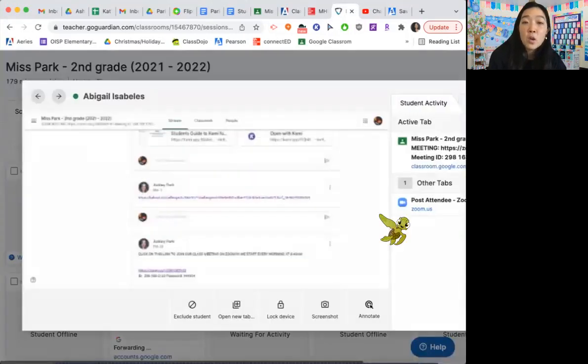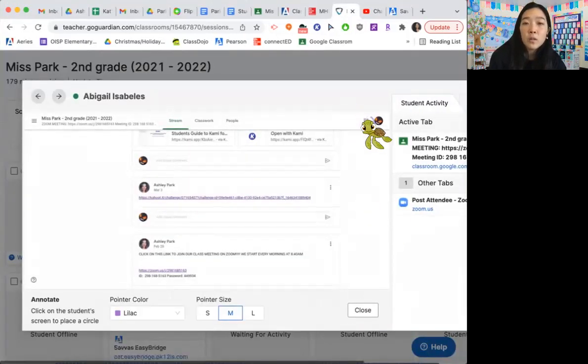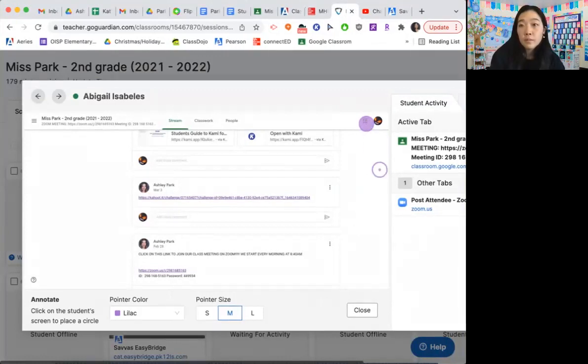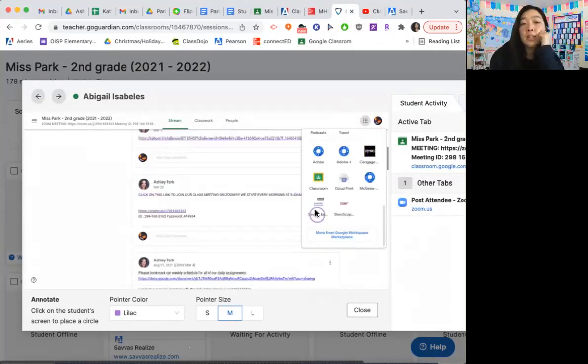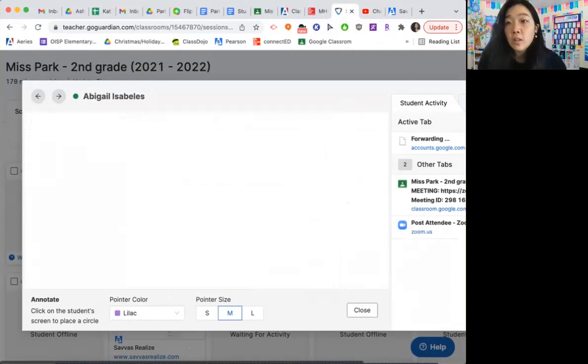So Abigail, go ahead and click on that waffle. Scroll all the way down till you get to Savvas Easy Bridge. It's going to be at the bottom. Savvas, it starts with S-A-V-V.